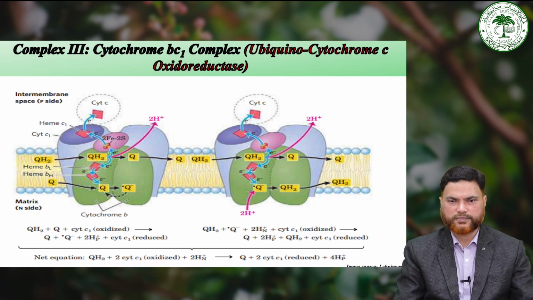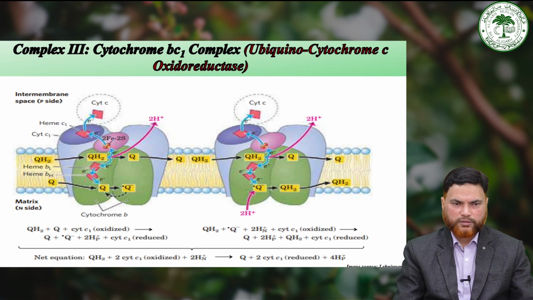You see in the slide, at the heart of the Q cycle lies the enzyme complex, found in the inner mitochondrial membrane. The Q cycle involves the utilization of coenzyme Q, also known as ubiquinone, as an electron carrier.